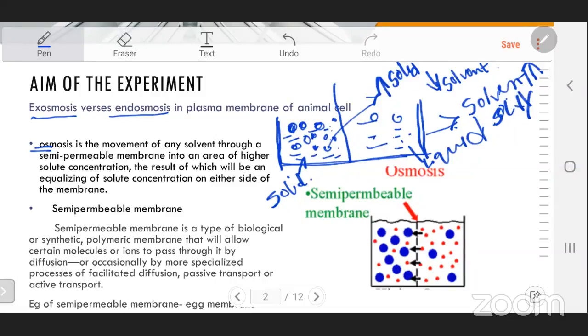So when osmosis occurs, through this semi-permeable membrane, solvent molecules, that is liquid molecules, will pass from higher concentration of liquid to lower concentration of liquid. So the osmosis will happen in this direction. As this area has a higher concentration of liquid, they will go through this semi-permeable membrane to this lower concentration of liquid.